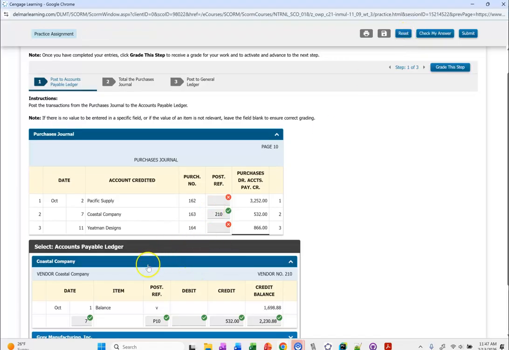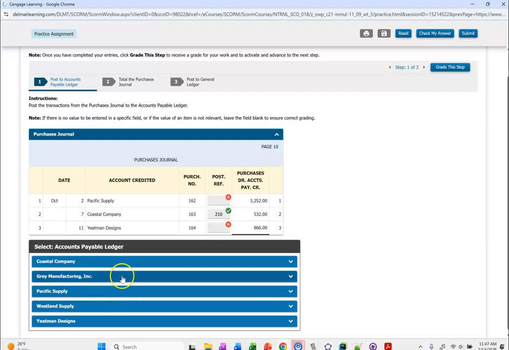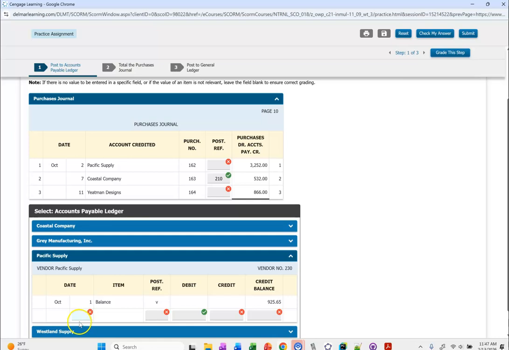All right. So that is everything we need for Coastal. Let's go to Pacific Supply next. So our first transaction was to Pacific Supply. That happened on the 2nd. We're using, again, the purchases journal, P10. We bought a lot of stuff from them, $252.